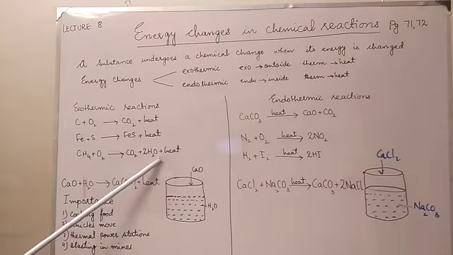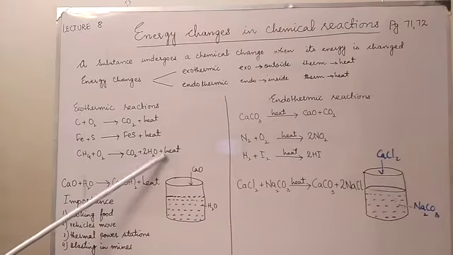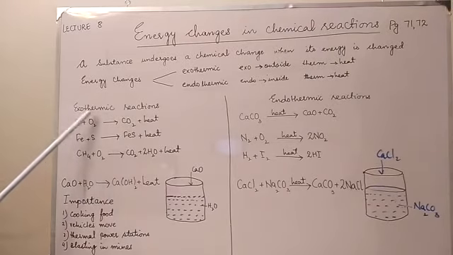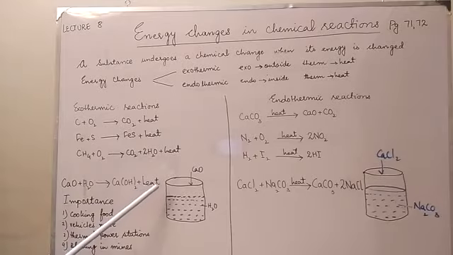So if heat is released in a chemical reaction, those reactions are known as exothermic reactions. How can we prove that exothermic reactions take place? Here there is a beaker containing water in it.